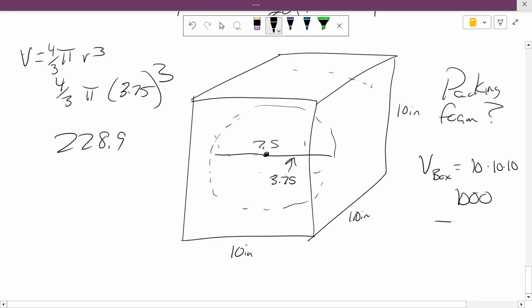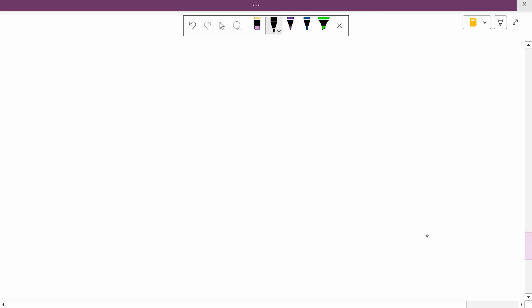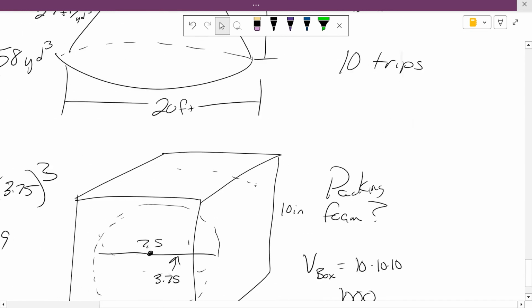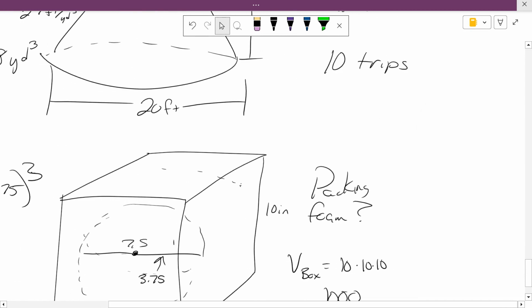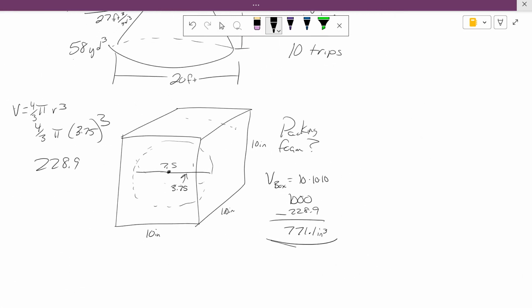So I'd have to take 1,000 minus 228.9, which gives me 771.1 cubic inches of packing foam. That box is going to be mostly packing foam with a little crystal ball on the inside that you don't want broken.